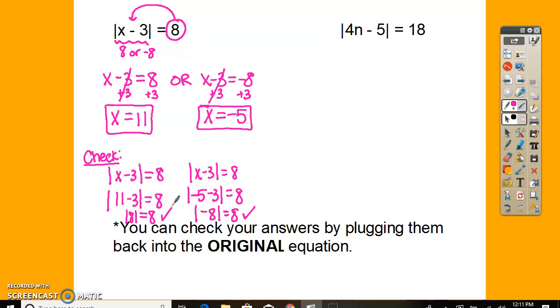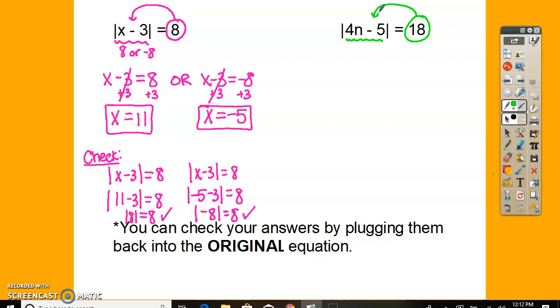So let's look at the second example here. Now I have the absolute value of 4n minus 5 equals 18. Again, it's telling us that what's inside of here has a distance of 18 from 0.